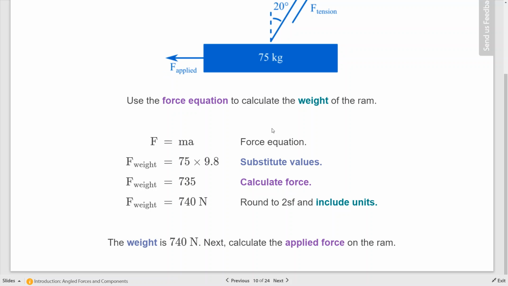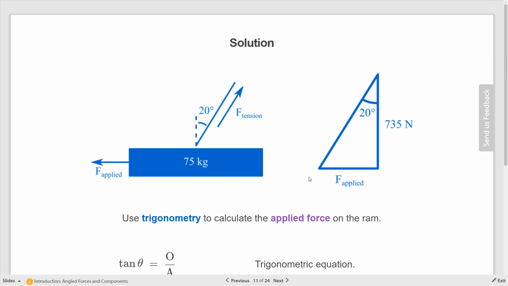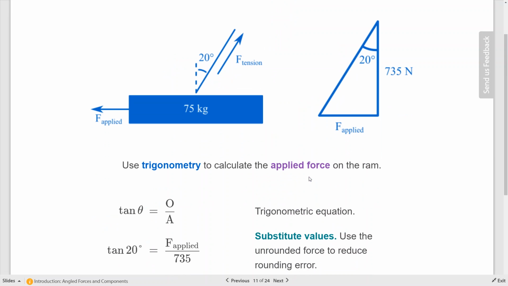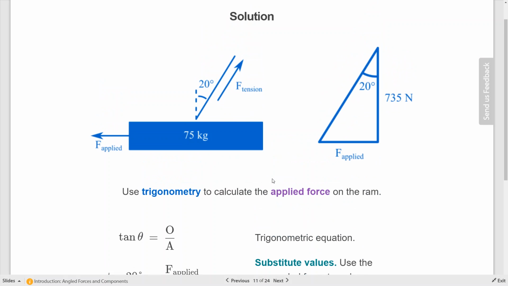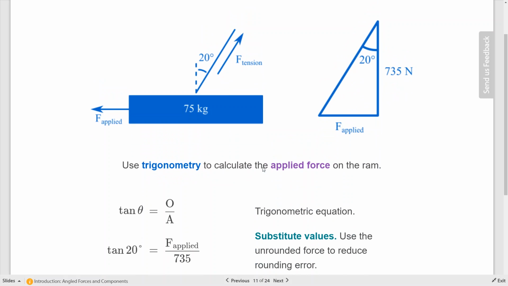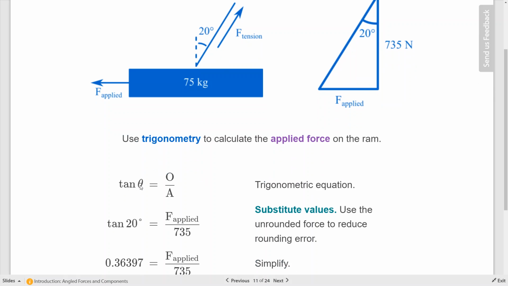Now, so we've done the weight, that's good. Now we need to find this other component, the force applied, the applied force on the ram. So we know that the downward component is 735 to three significant figures. So what we can do is use trig to calculate the applied force. We know that tan of theta is equal to opposite over adjacent. We've got that 20 degrees there. We've got the adjacent side, which we've already worked out.